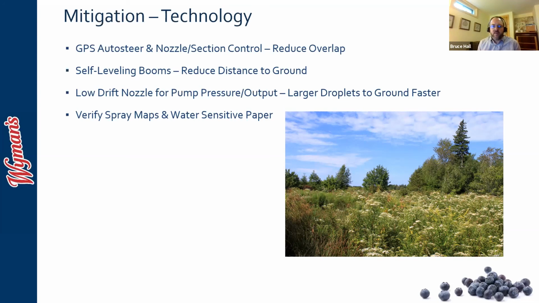But at the same time, utilize spray maps that are generated from onboard computers to verify that your calibrations are correct. And we like to set water-sensitive paper in our habitat areas to determine if we did or did not have off-target drift applications. Just to verify, ultimately, you can lay out that you're doing the right thing. You want to verify that you are doing the right thing.